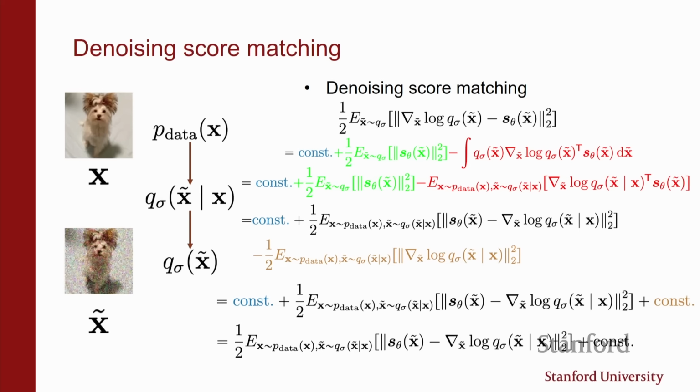So a lot of algebra, but up to constants, we can rewrite the score matching objective for the noise perturbed data density into a new score matching objective that now involves terms that are relatively easy to work with.